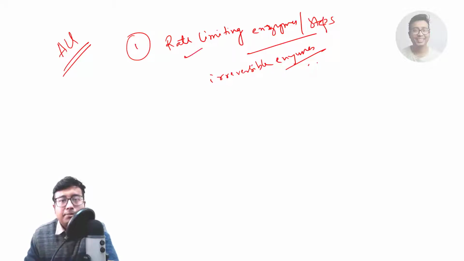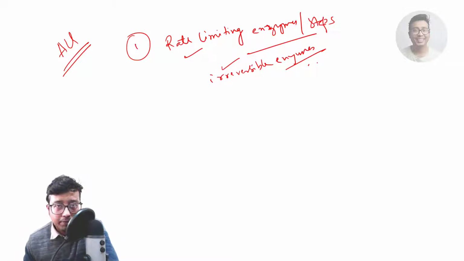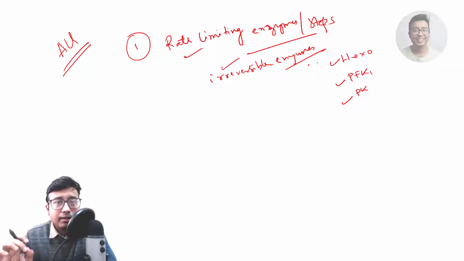If you look at the process of glycolysis, there are 3 rate limiting steps. Number 1 step is hexokinase, number 2 step is phosphofructokinase 1, and the next irreversible step is pyruvate kinase, PK, okay. Regarding these 3 steps, you need to remember what are the reactants and what are the products.